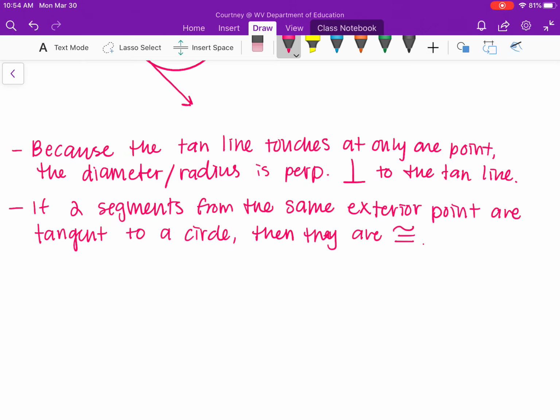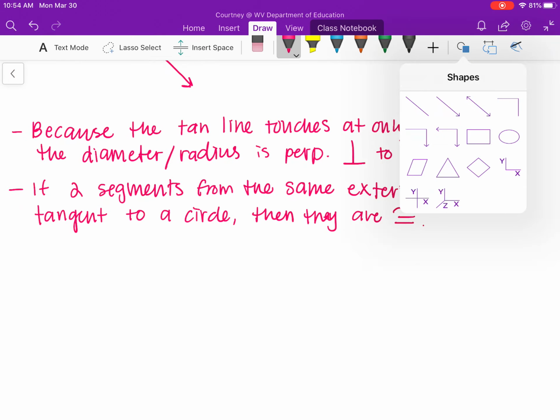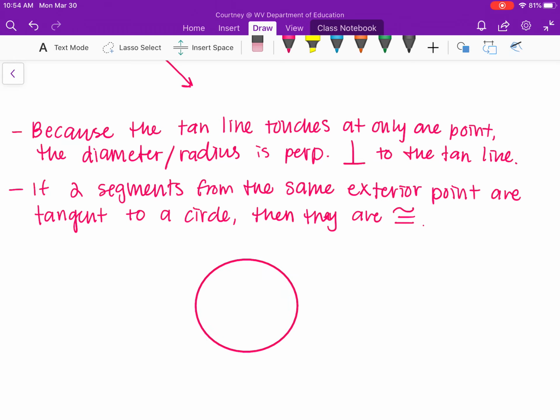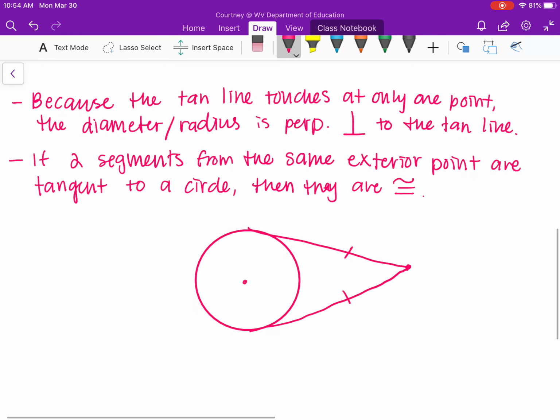And I'm just going to put the congruent symbol. Okay, what does that mean? Here we have a circle. Okay, say this is the exterior point right here. If there are two lines that are tangent to the circle and go to that point, then they are going to be congruent. Okay, and that's all the notes.